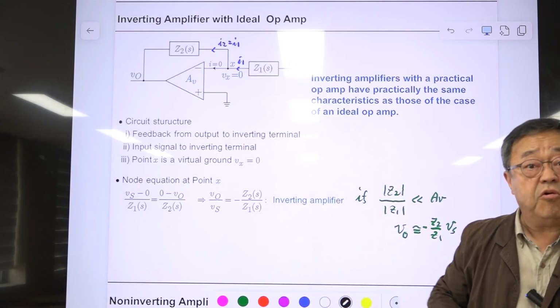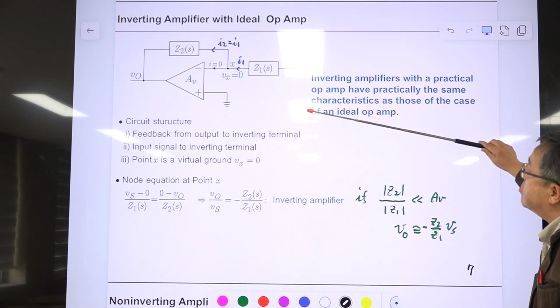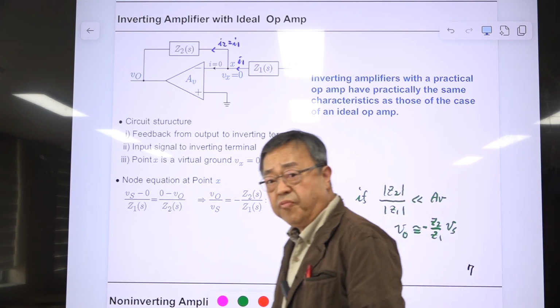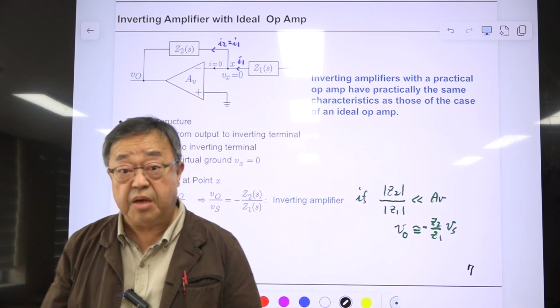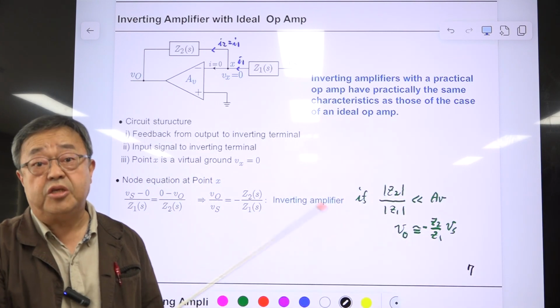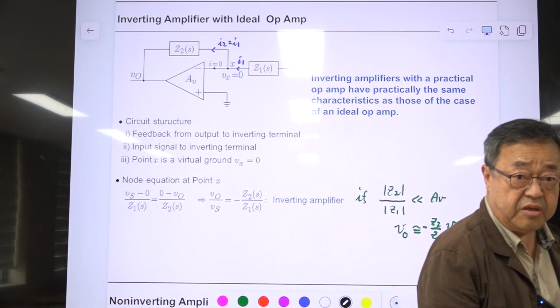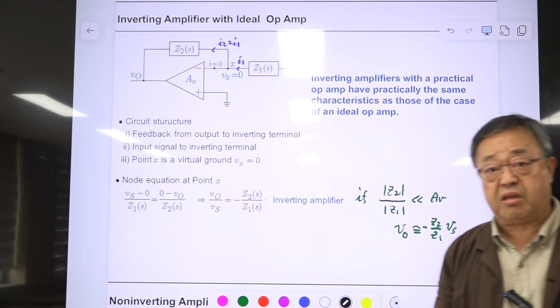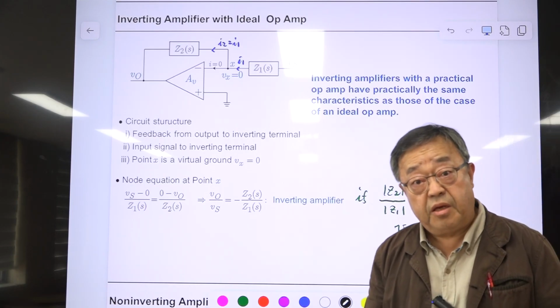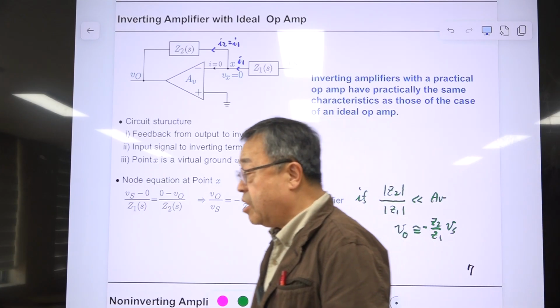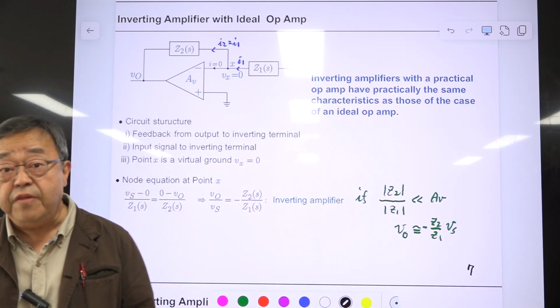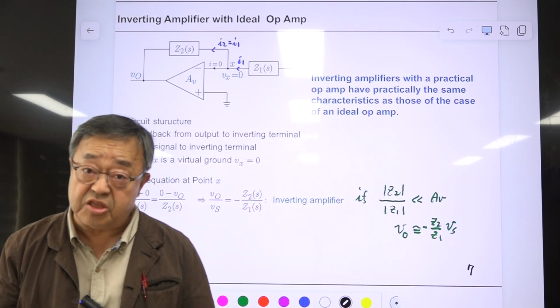Okay, so this is the case. The ideal operational amplifier is an extremely useful concept, but the situation is entirely different if you consider the ideal transformer and the practical transformer. In a practical transformer there is a magnetizing current associated with magnetizing inductance.